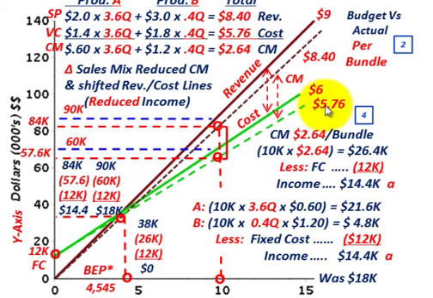That's $5.76 per bundle times 4,545, and that's going to round off to about 26,000. Then we have to subtract that 12,000 for fixed cost. So that's our break-even point. We have generated zero income based on that break-even point. We'd go through the same thing for the actual amount.